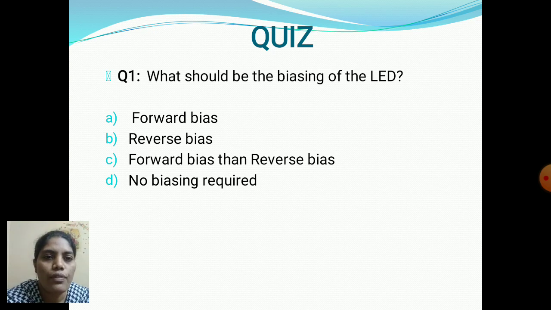So let us see a few questions regarding the topic we discussed now. What should be the biasing of LED? Is it forward bias, reverse bias, forward bias then reverse bias, or no biasing required? So what we have seen in the working principle, the diode is forward biased.